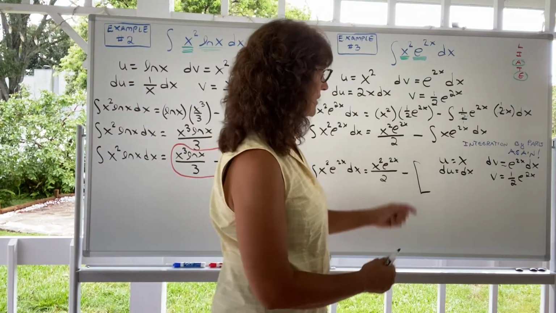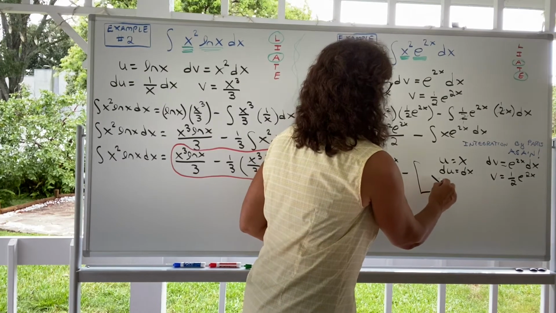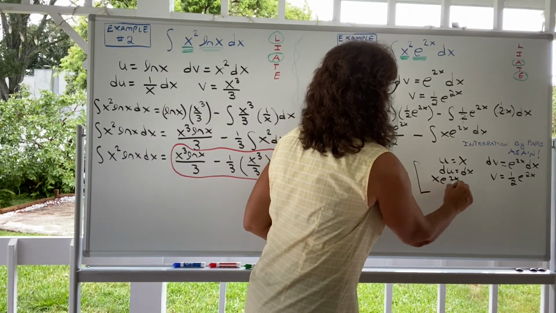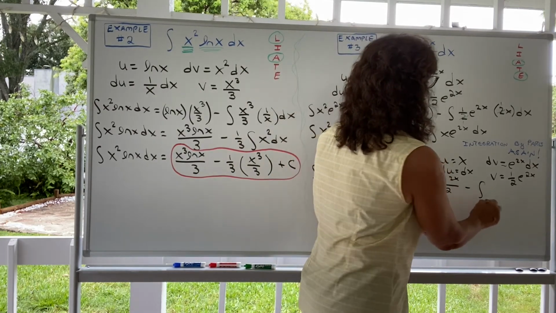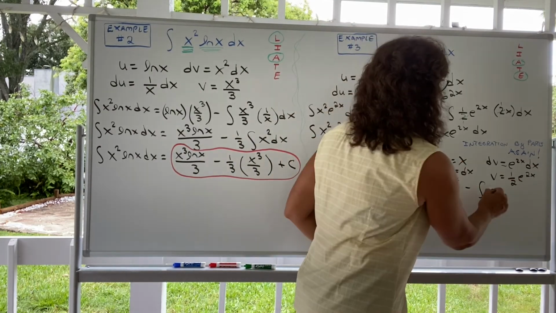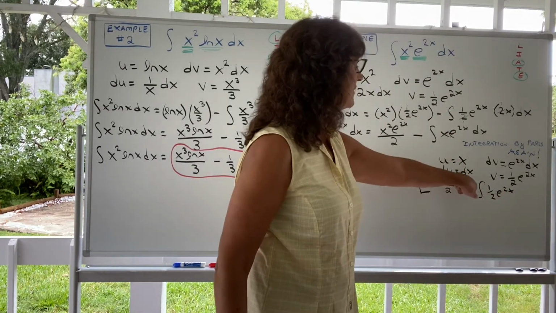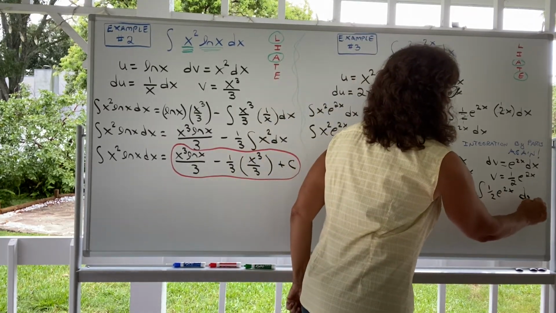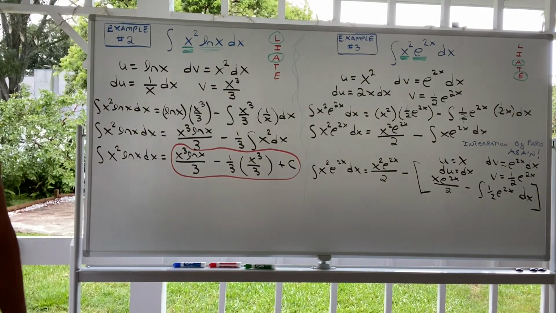So here we go, u times v gives us x e to the 2x over 2. U times v minus the integral of v, which is 1/2 e to the 2x, times du, which is just dx. Running a little bit out of space here, but that's what we have now.